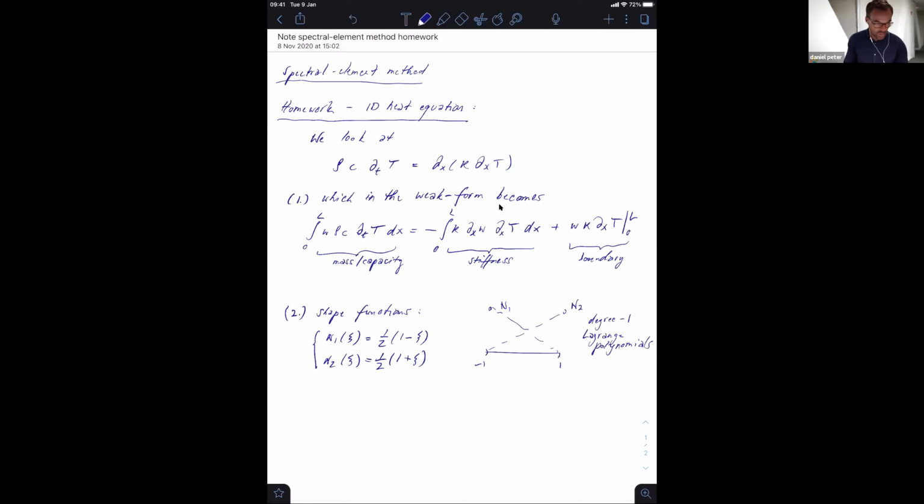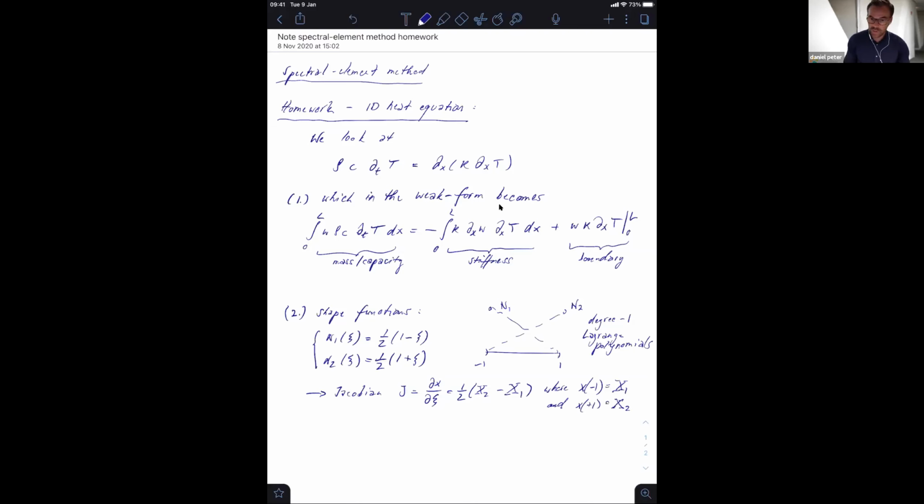Good. Now we have the shape functions, and what we finally need is the Jacobian, which is defined as being the derivative of x with respect to xi in the local coordinate, which for these shape functions becomes, for example, 1/2 times, just as an example, x2 minus x1, nodal points, where we have x of -1 would be this point x1, and x evaluated at +1 would be the second nodal point, x2.